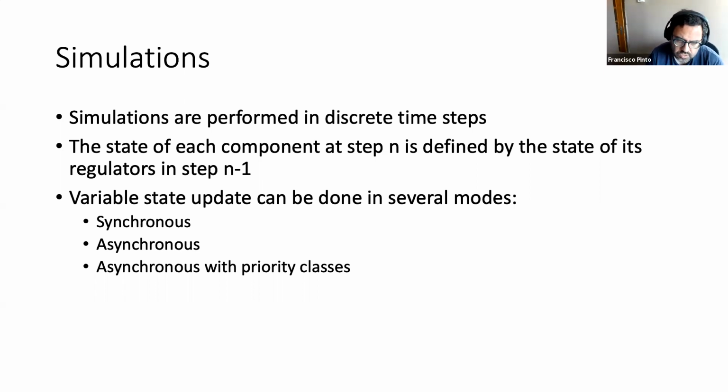But you can also use an asynchronous update. That means that in each time step, only one of the variables that tends to change according to the logical functions changes at a time. Why do people do this? Because as we are not sure which of the transitions occurs first, when we model in the synchronous update, all changes occur at the same time.